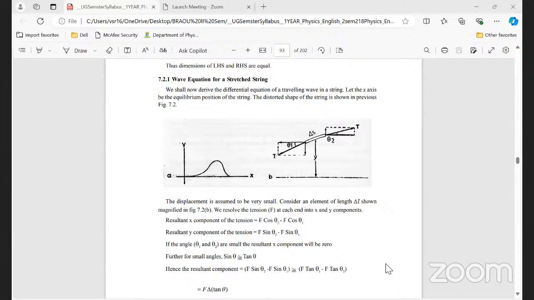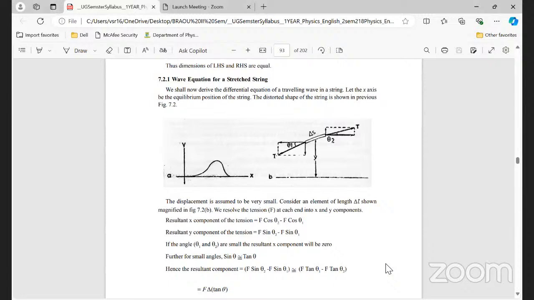For this, let us consider the x-axis to be the equilibrium position. The wave propagates along the x-axis only, where the vibrations you can observe are along the y direction.